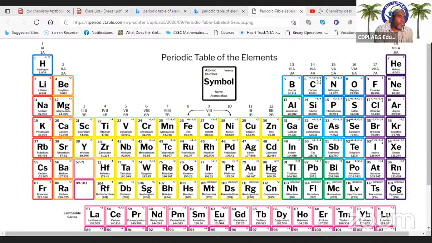Historical development of the periodic table. We're going to read something.